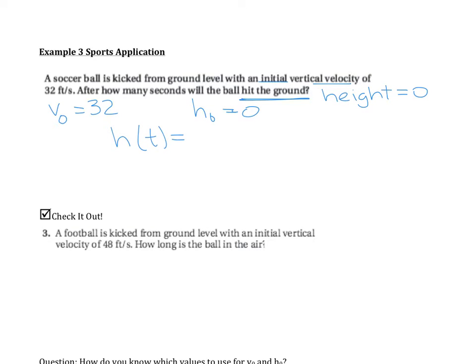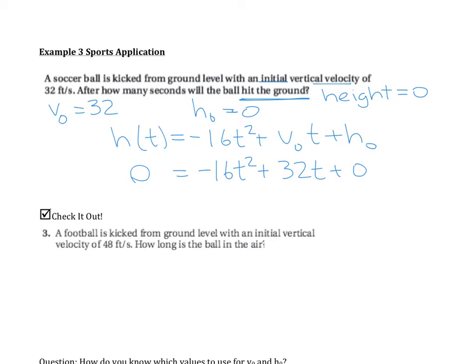So you use your function, which is this. Substitute in things: -16 is given, v sub 0 is 32, and h sub 0 is already 0, and we want to know when it hits the ground. So we set it equal to 0.